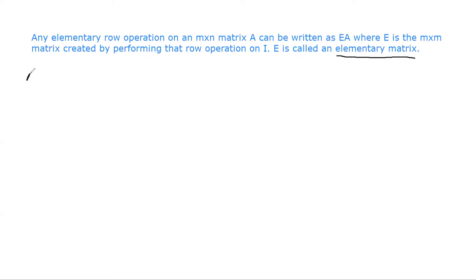Let's say our A equals 1, 2, 3, 4, 5, 6, 7, 8, 9. And let's say we want to do a row operation that is scaling the second row by 3. Let's say we want to multiply that second row by 3. So we could just do that. That's what we've been doing in the last unit, or we can think of this in terms of matrix multiplication.